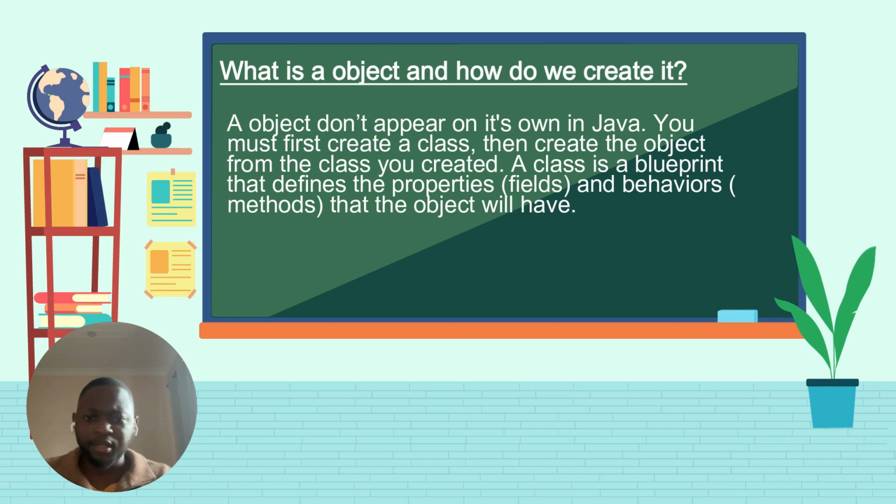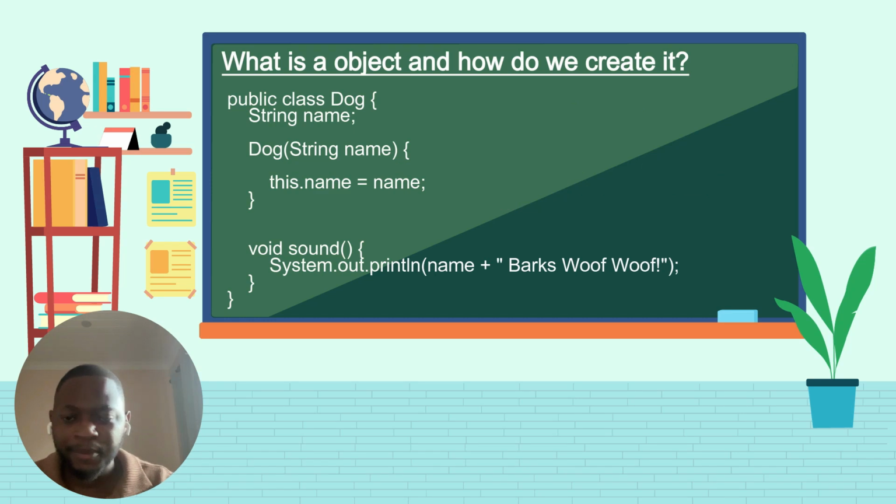The next slide will have an example of a class. So this is a dog class. We try to have a dog object. What are the characteristics of a dog? What does a dog usually have? A name. That's why we have the name attribute right there on top.